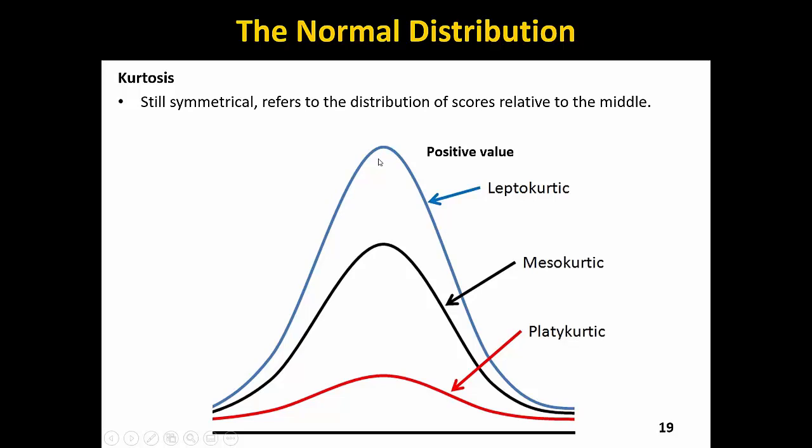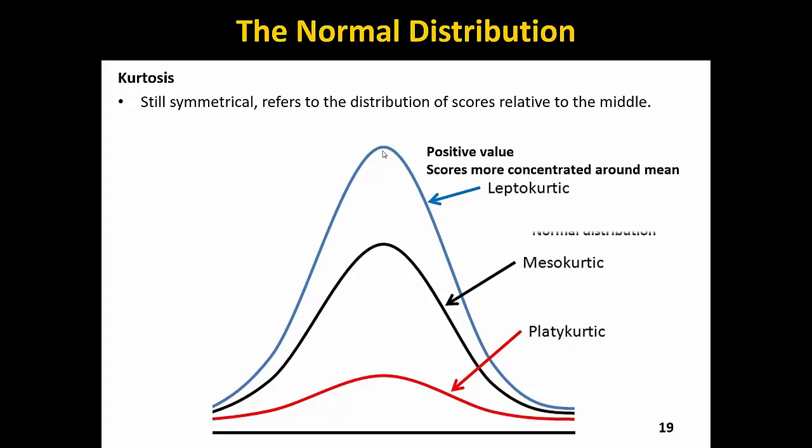And if calculated, this will take on a positive value. And in this type of distribution, although it's still symmetrical, we see more of the scores are concentrated around the average, the median, and the mode. So it's very narrow, and the tails are much longer.